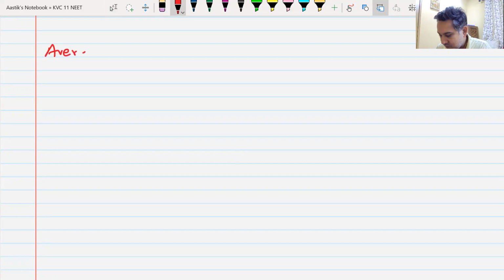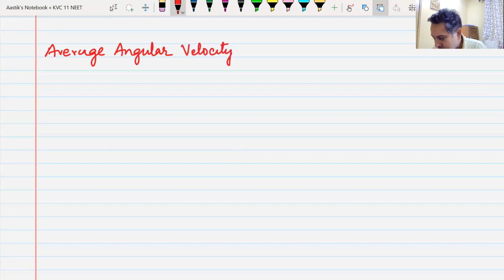Average angular. Can you complete the sentence? What is the next thing we are going to study? Average angular. No one knows. Average angular velocity. Average angular velocity. Omega in a dabba.